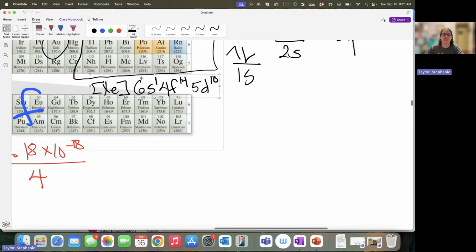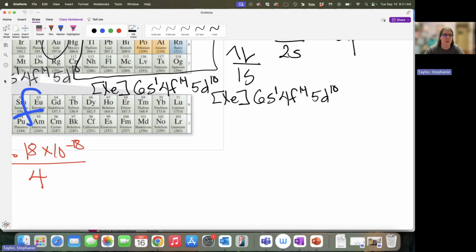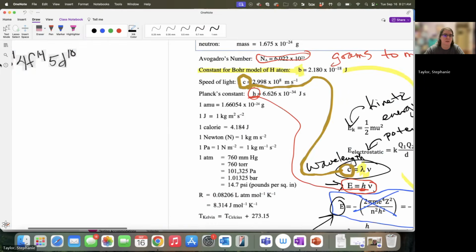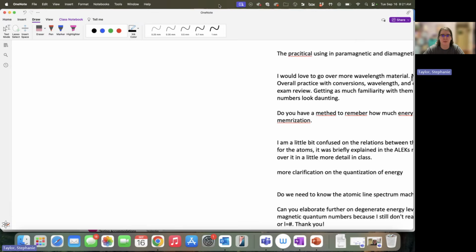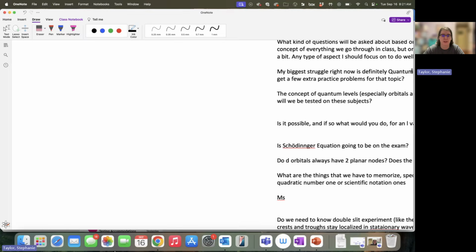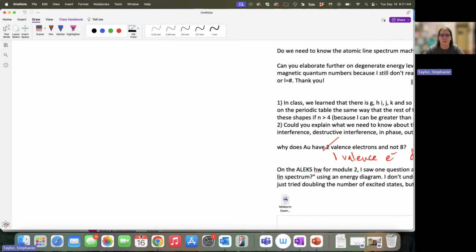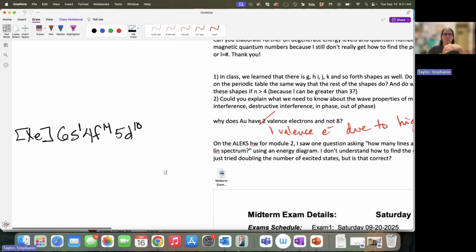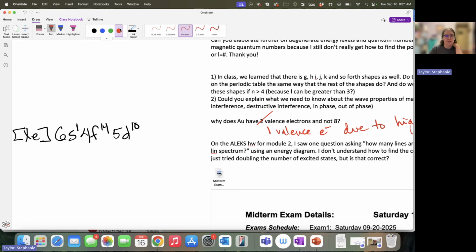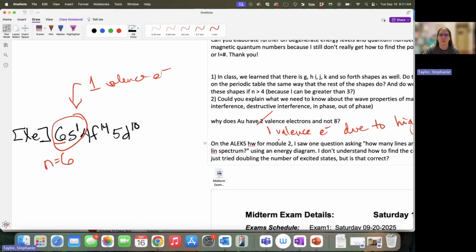For the purposes of this class, we would tell you that gold has 1 valence electron, because whenever we're looking for valence electrons, we're always looking for the highest value of N. So this is N equals 6. That's the highest value of N, and there's only 1 electron. 1 valence electron for gold.